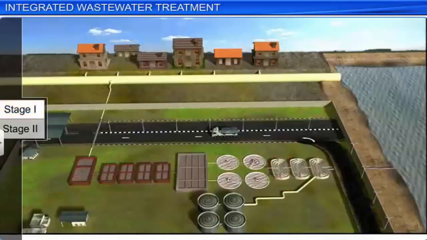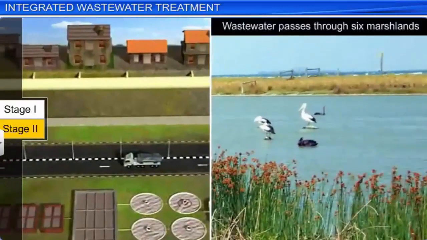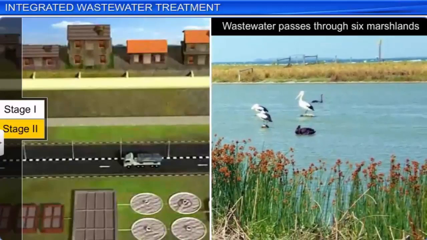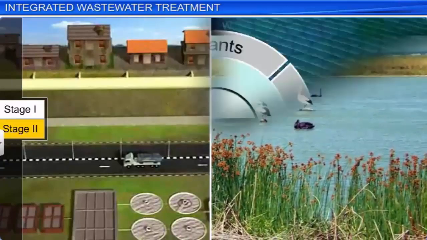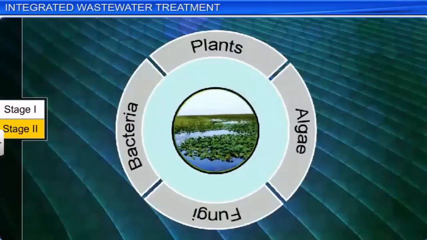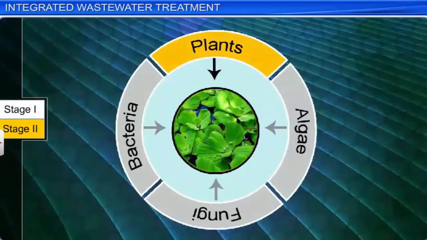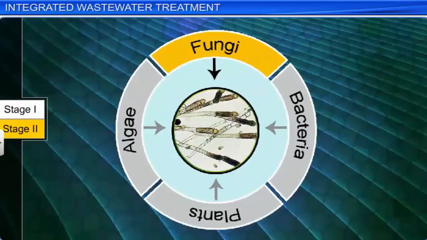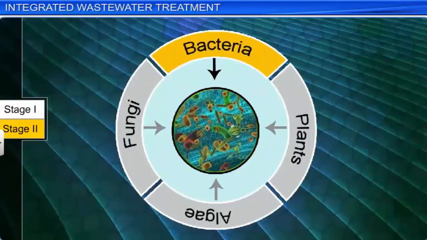While in the second stage, the wastewater was passed through 6 connected marshes spread over 60 hectares of marshland. These marshes were developed using appropriate plants, algae, fungi, and bacteria suggested by the biologists.